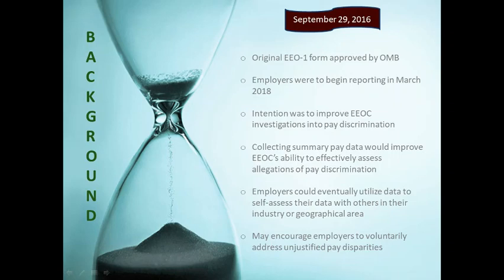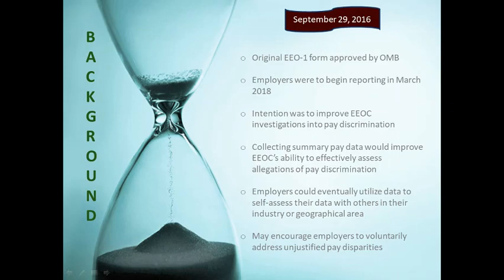On September 29th of 2016, the EEOC released an updated EEO-1 reporting form, which required covered employers to provide employee pay data beginning in March of 2018. These additions to the form were intended to improve EEOC investigations into pay discrimination based on gender, race, and ethnicity.